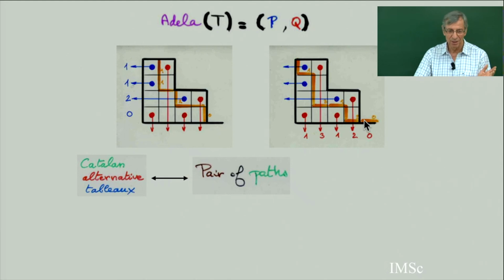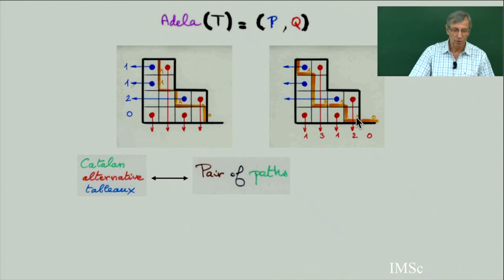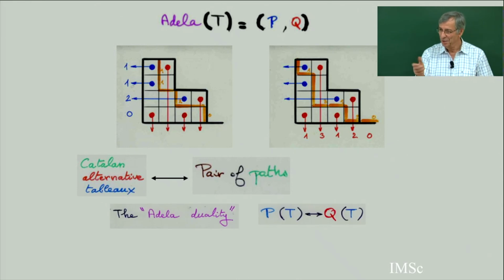So if you know P, in the case where there is no cell counted by the Q analog, so the TASEP, the quadratic algebra of the TASEP where q equals 0, if you give me P, then I get Q. There is a duality between the two paths. I can go from one to another. I call this the Adela duality.